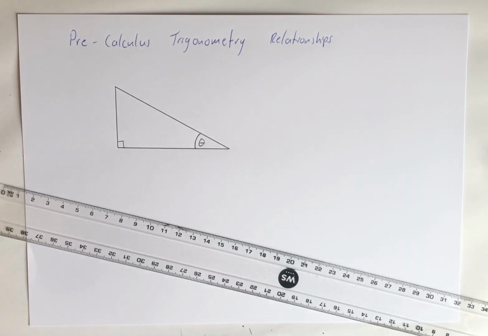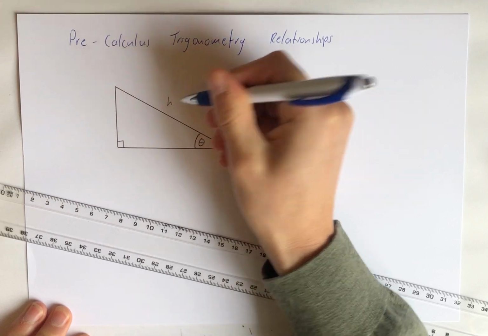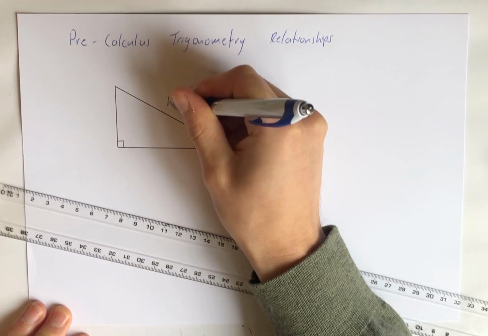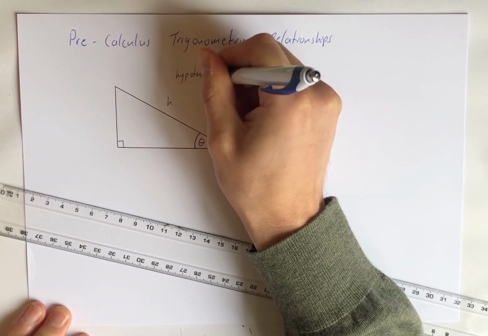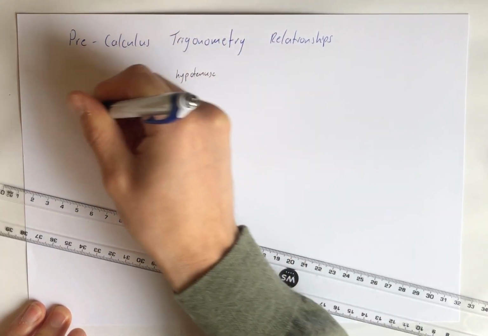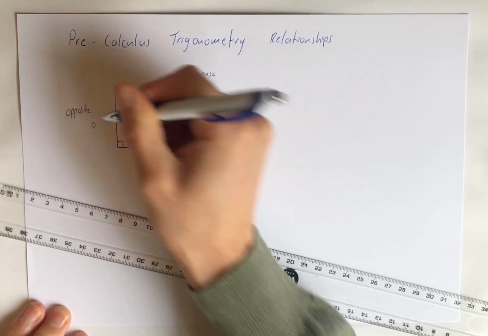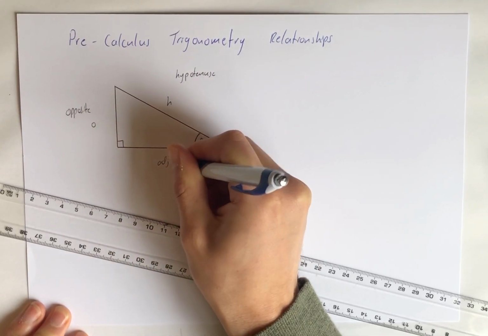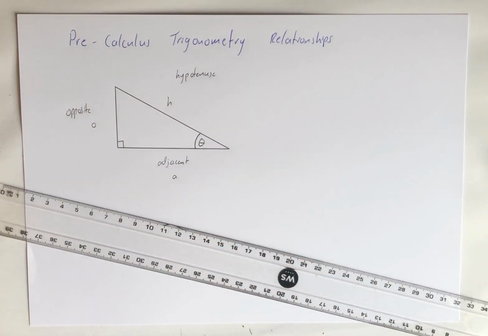What I would get you to do is label this triangle. So obviously this is the hypotenuse. We have the opposite, and we have the adjacent. And we denote those with O, A and H.